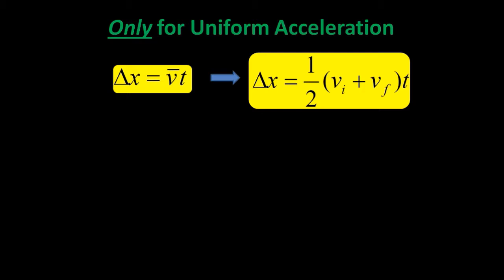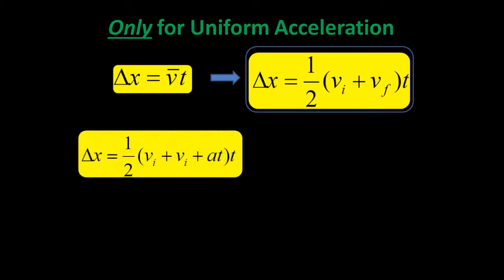And that is a really important formula. It has 4 variables in it. Remember, if you know any 3 of them, you can always solve for the 4th. And so that's a way to relate displacement to initial velocity, final velocity, and time. And that's our first of our new formulas.